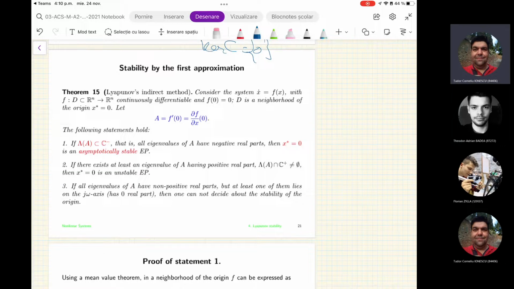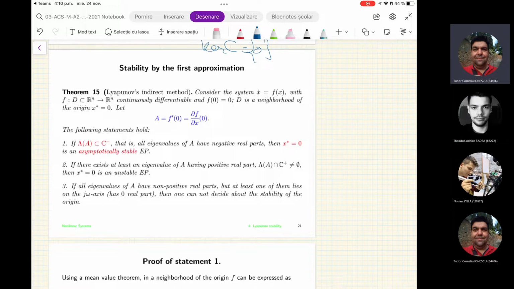We do this all the time, and first approximation is very important. Why is it called Lyapunov's method? Because it's going to be proven using the Lyapunov theory.